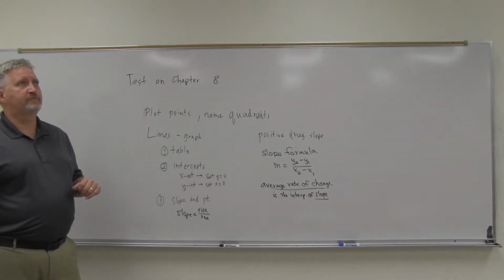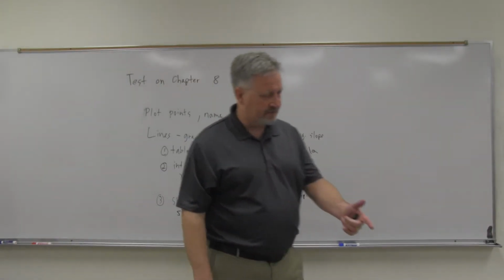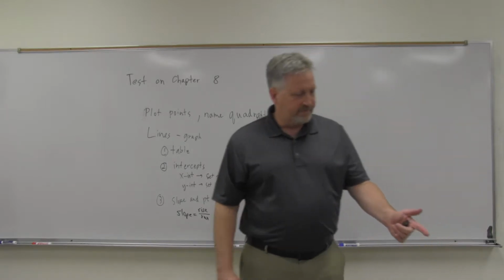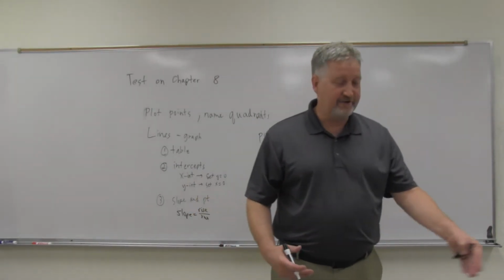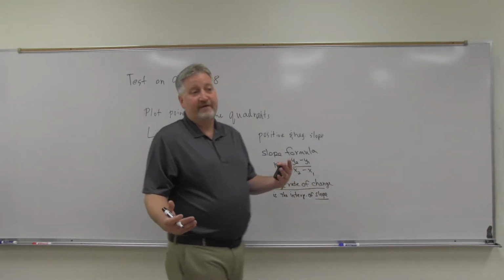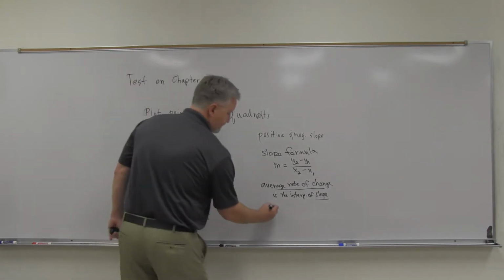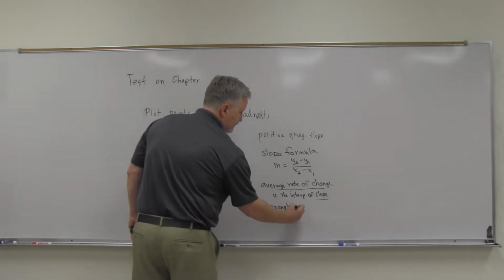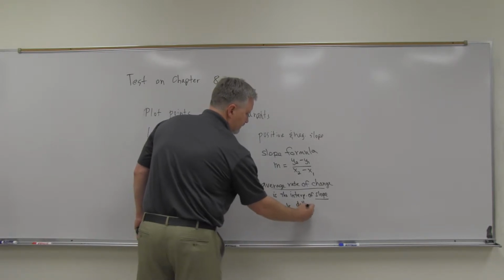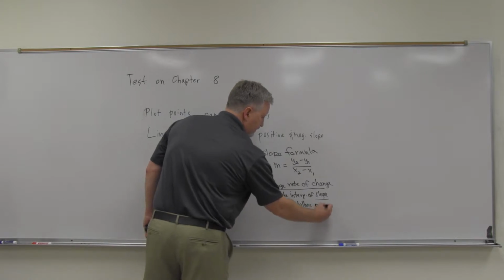Usually on the tables that, like we did, looking at one of them, the Y values was like dollars, and then the X values were months. So the average rate of change would be dollars per month, for example. Right?